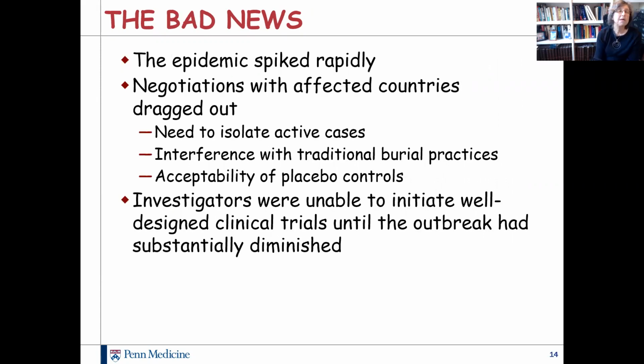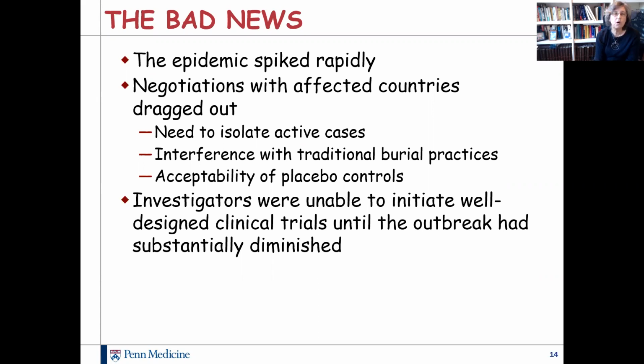Now, the bad news is the fact that the epidemic spiked so rapidly. It was not easy to get these trials started. There were a lot of issues in negotiations with the affected countries, stressing the importance of isolating active cases, interference with traditional burial practices and other traditional practices that made it difficult to keep people isolated and away from getting infected, and then the acceptability of placebo controls.